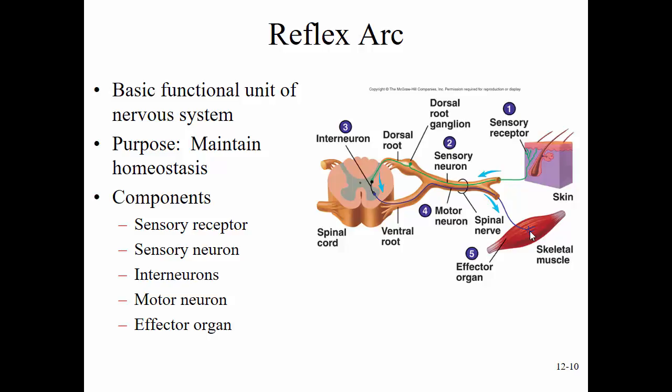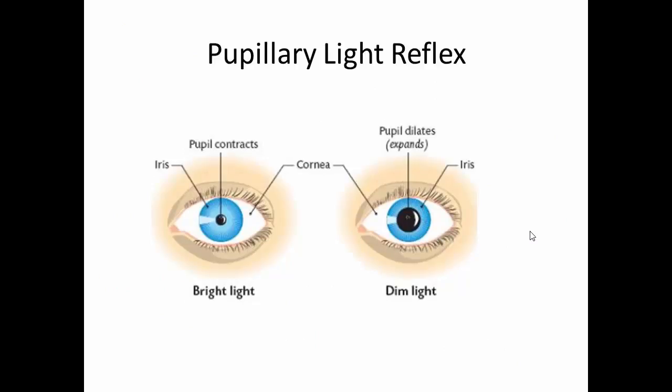Now this is a somatic reflex because the effector organ is voluntary skeletal muscle. An autonomic reflex would have the same pathway, except the effector organ would not be skeletal muscle. It would be what? Smooth muscle, cardiac muscle, or gland. Those are the autonomic organs. So if we go down here and look at the pupillary light reflex, this is an example of an autonomic reflex, and I just added this before class, so this is updated now.